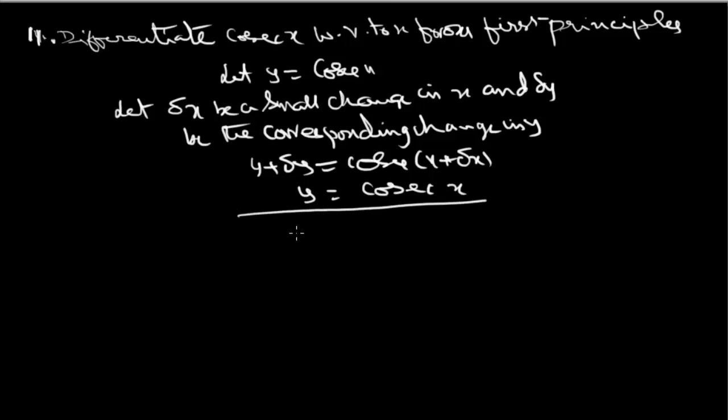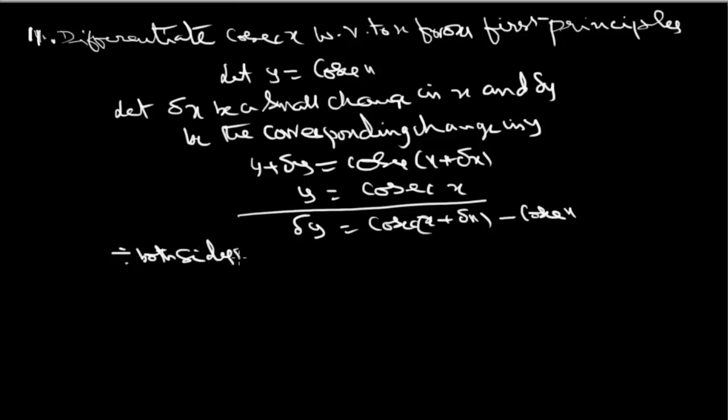Then subtract. So delta y is equal to cosecant of x plus delta x minus cosecant x. Divide both sides by delta x and take limits as delta x tending to 0.